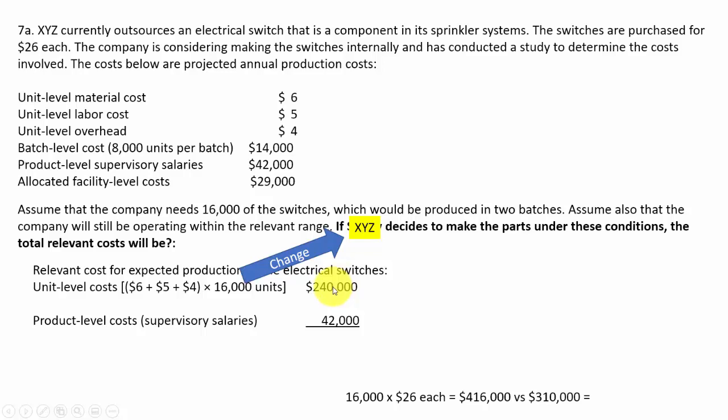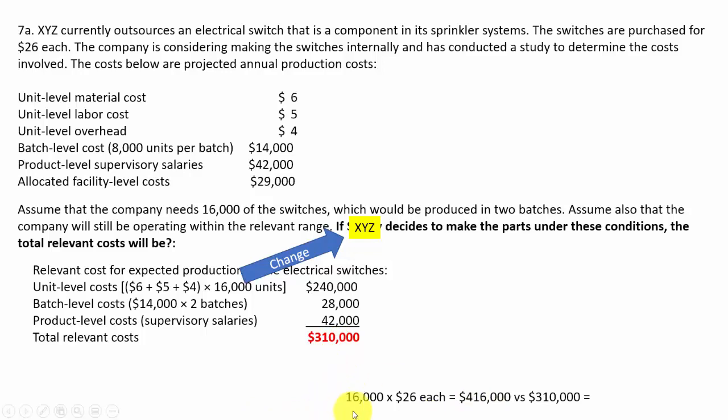So that'll cost us $240,000. And then we've also got batch costs. We got 2 batches at $14,000 a batch. Those costs are going to be $28,000. So it looks like the total relevant costs to make this would be $310,000.